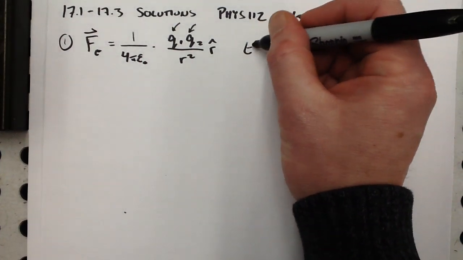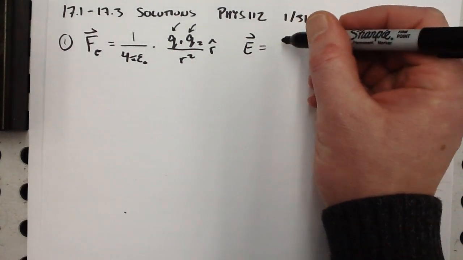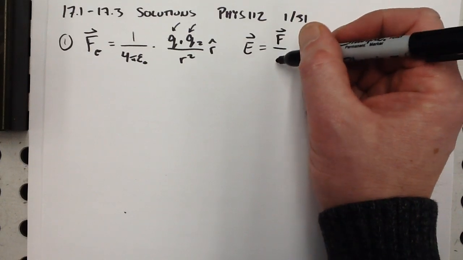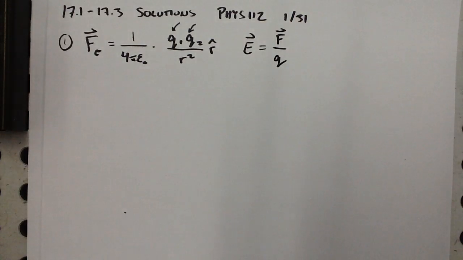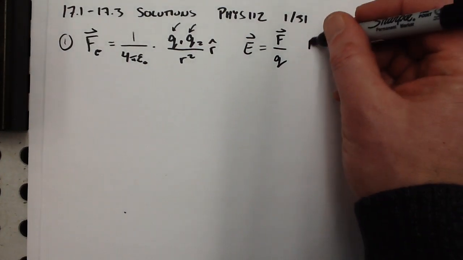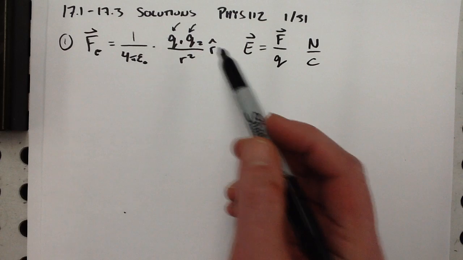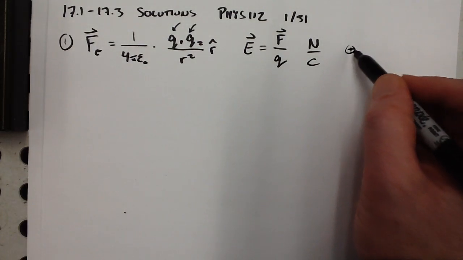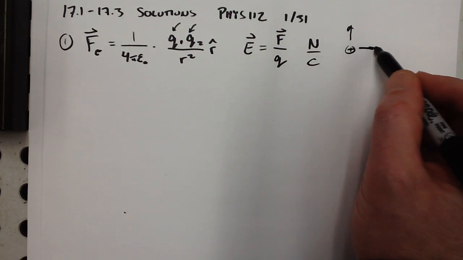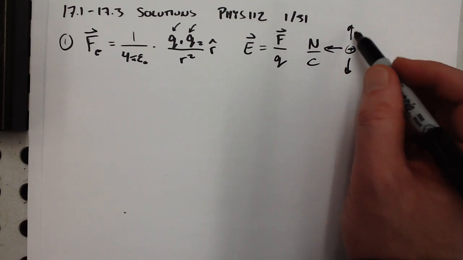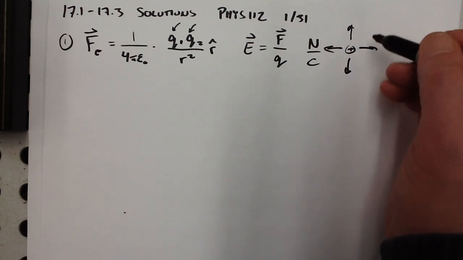The electric field is how much force you would have per unit of charge, and that's newtons per coulomb. It might happen that you just have one charge, in which case the electric field looks like those lines radiating outward, and as you get further away, those lines get smaller.